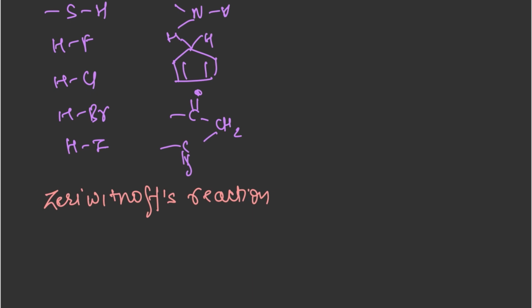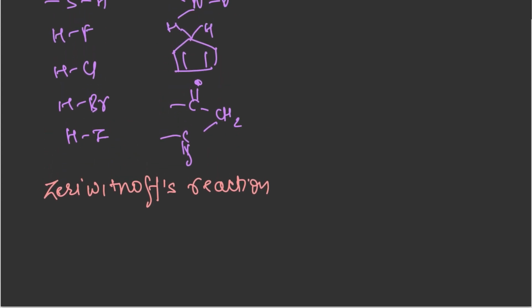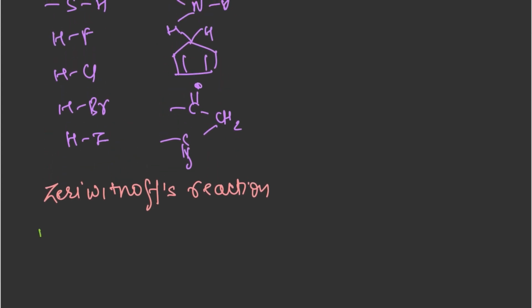Now let's look at some examples, illustrations of Zerewitinoff's reaction. First of all, we have CH3OH reacting with CH3MgCl. Now it will form CH4 and Mg(Cl)OCH3. How does it form CH4?